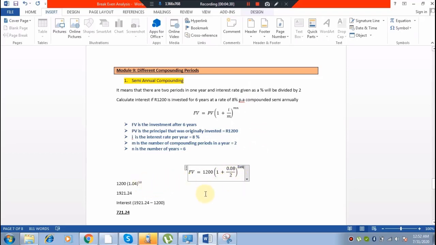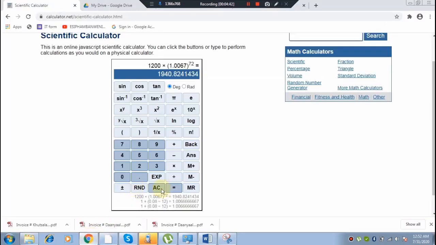So we simplify that. We come here: 1,200 times 1 plus 0.08 divided by 2. What do you get? Don't be shy to work with the calculator, guys.